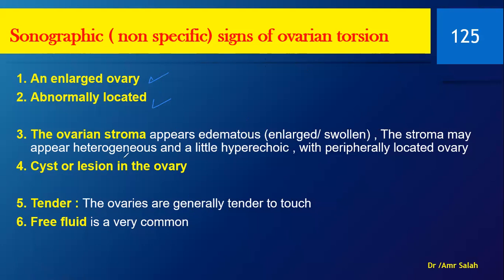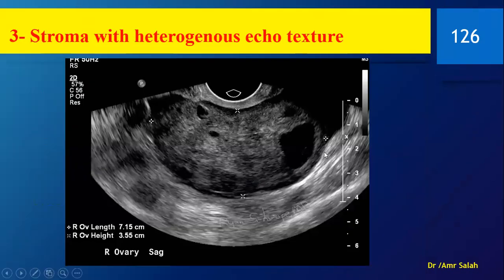You can no longer see the ovarian stroma and the follicles, and you can see the lesion, the cyst. Look at this. This is the heterogeneous appearance of the ovary alongside it being enlarged.